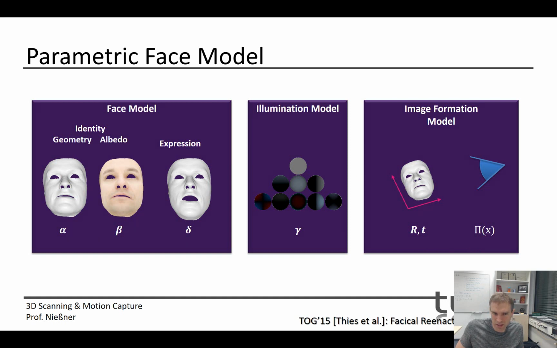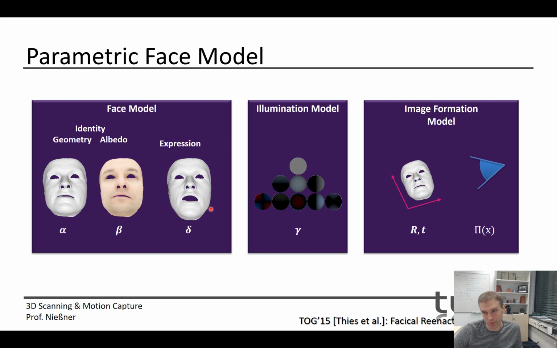We talked about the illumination model, the spherical harmonics coefficients, and all these parts of our face model, which has identity, geometry, albedo, and expressions. Part of the identity is geometry, and part of the identity is albedo. This is the identity that we care about in order to make this specific person, and then the expressions are going to be the respective animation underneath. All right, that's what we want.